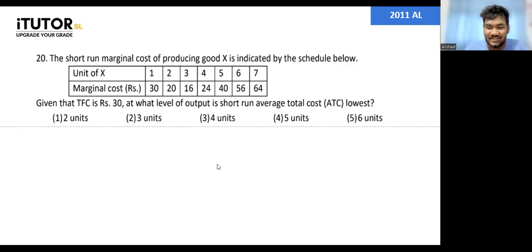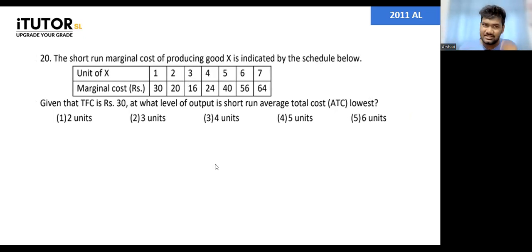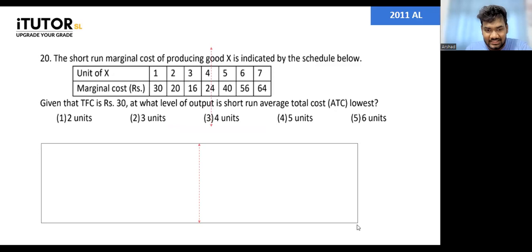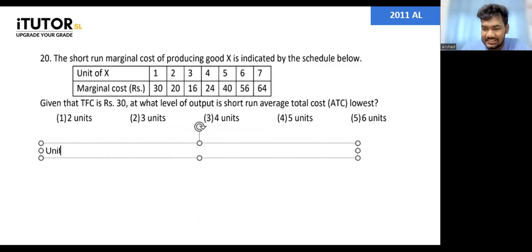Very interesting question. Guys, what is marginal cost? Marginal cost is the additional cost of producing one unit. Okay, the additional cost. So I'll reword this table this way, guys. The number of units, let me start with 0, 1, 2, 3, 4, 5, 6, and 7.